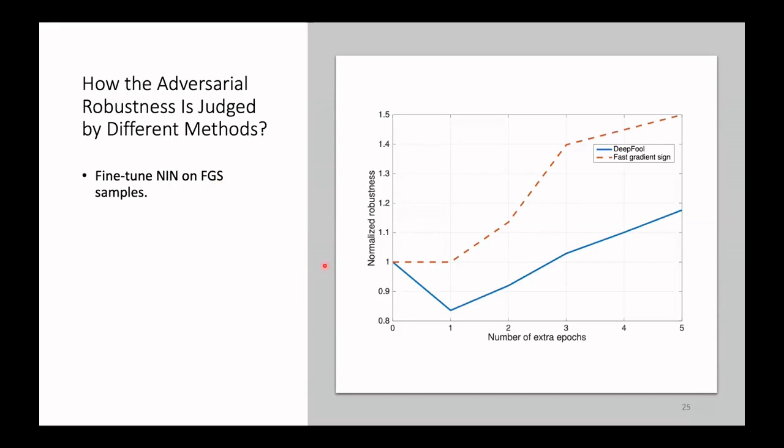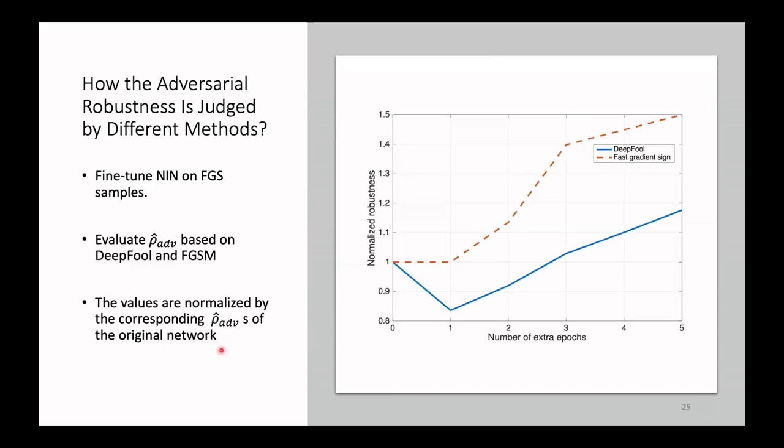Then they evaluate average robustness based on the Deepfool and fast gradient sign metrics, and then they normalize the computed adversarial robustness based on the original robustness of each network. As we can see here, the fast gradient sign method exaggerates the robustness of the fine-tuned model, and it shows the importance of finding the minimal perturbation and using that for evaluating the adversarial robustness and comparing the models.